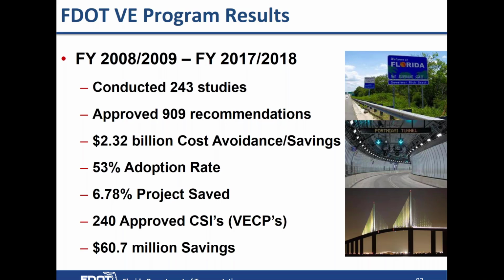The adoption rate is 53%. Project saved is at 6.78%. And during that same time, we've also approved 240 CSIs, cost savings initiative proposals, which formerly were called value engineering change proposals. Those are done during construction, and those resulted in about $60 million in savings.